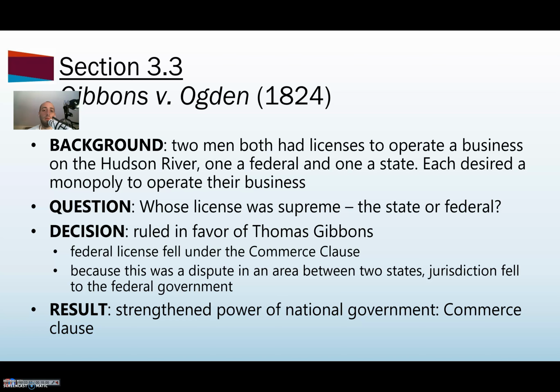One of them was federal, one was state, and they were trying to figure out which one was more powerful. They ruled that the federal license was more powerful because of the supremacy clause and the commerce clause, saying the federal license was automatically stronger, so that person gained the right to have their business there instead of the other person. So it only increased the size of the national government and what powers they had over individuals.